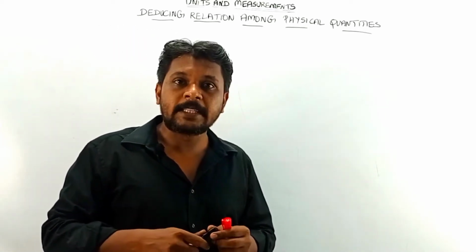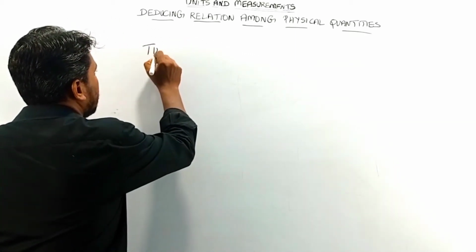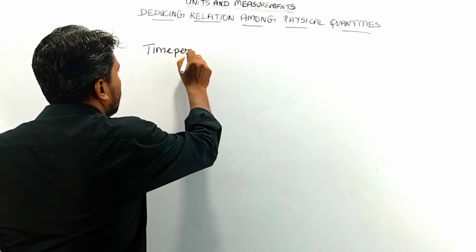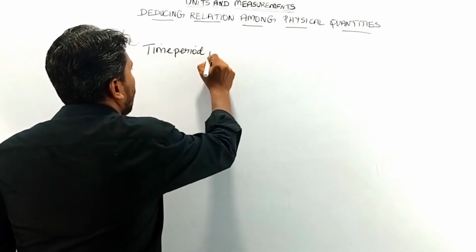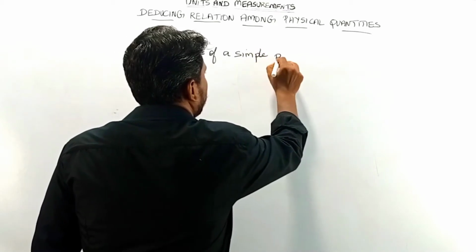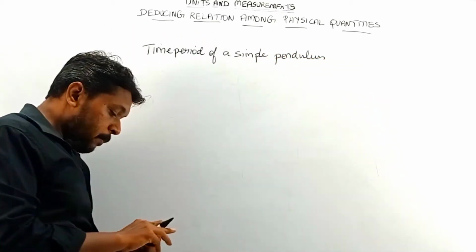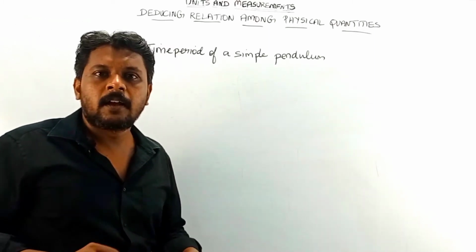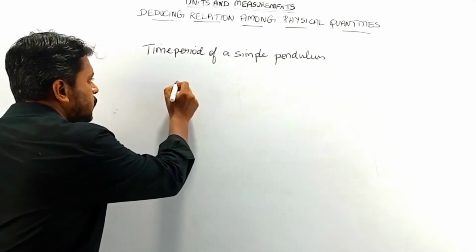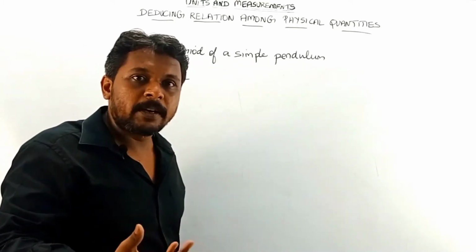For example, I will take the time period of a simple pendulum. I am taking this time period as the dependent variable, and I am taking some independent variables.